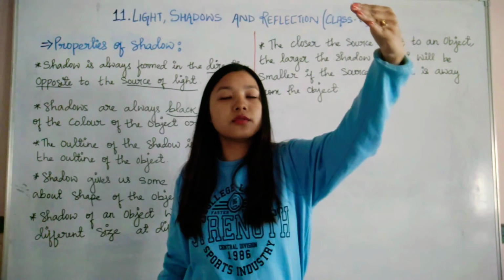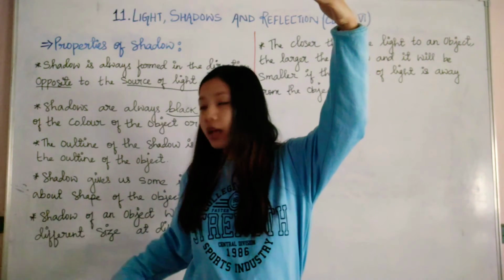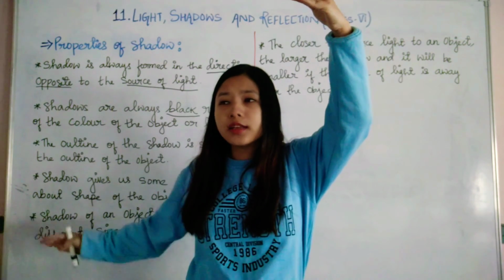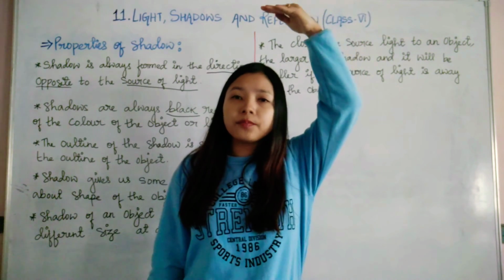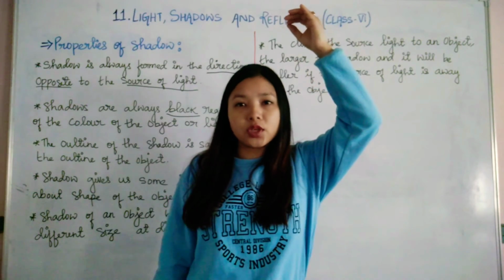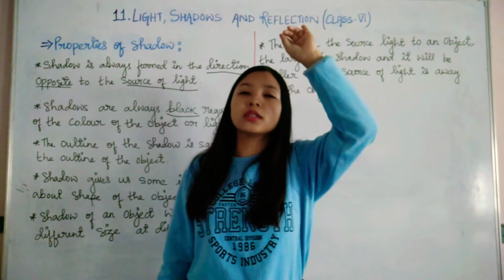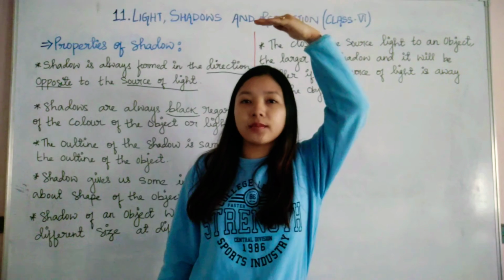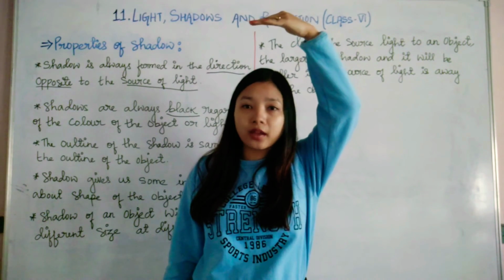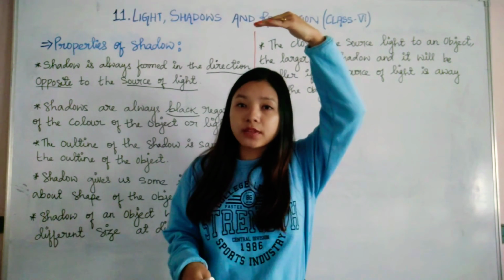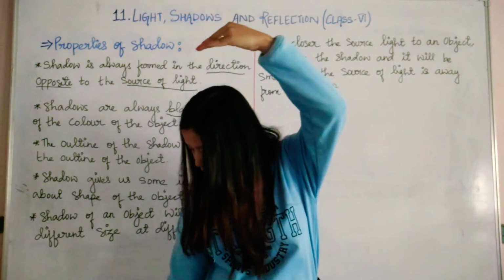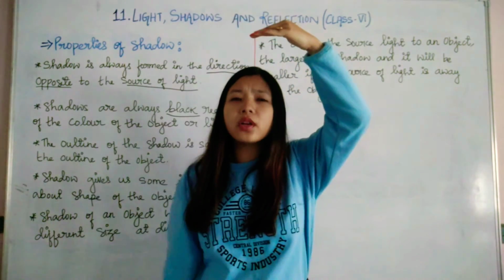As the sun rises up, you will see that your shadow is shrinking. It is getting smaller. Around 12 noon, the midday time, the sun will be just above your head. Then the shadow you will see will be very small, the smallest.